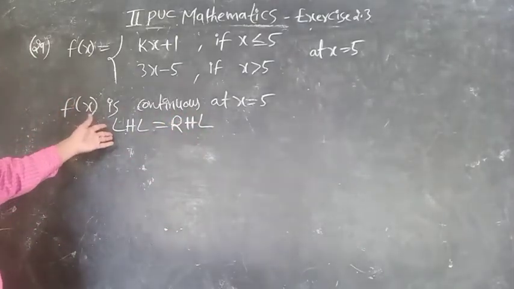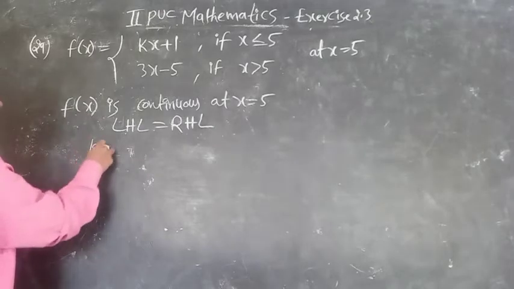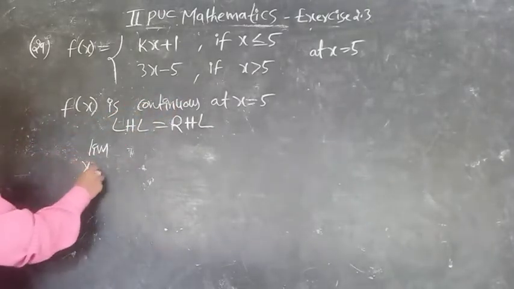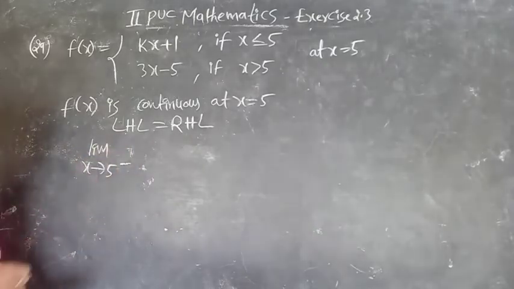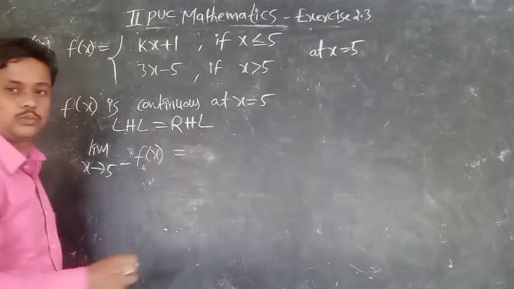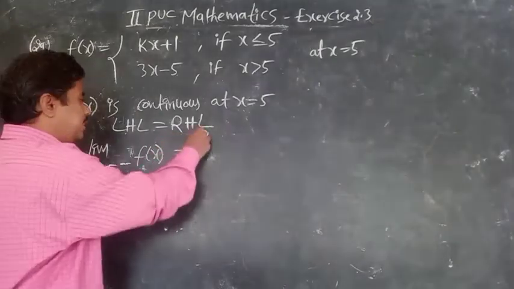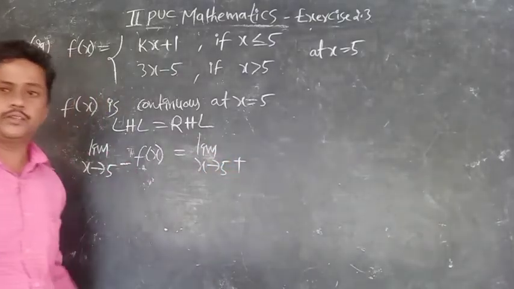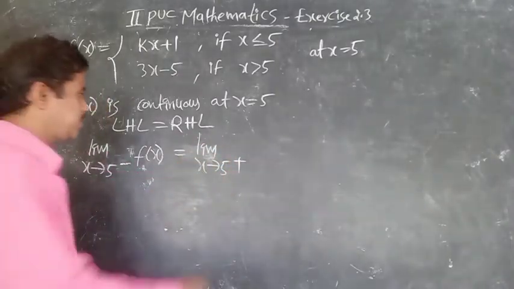So what is LHL? Write limit x tends to 5 minus f of x is equal to RHL, limit x tends to 5 plus f of x.